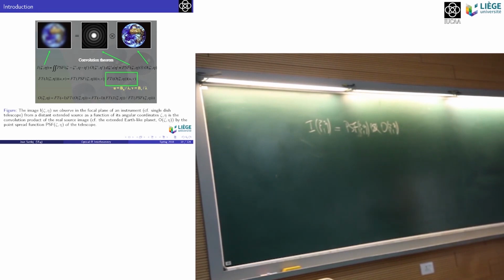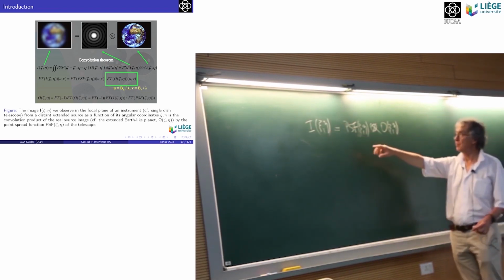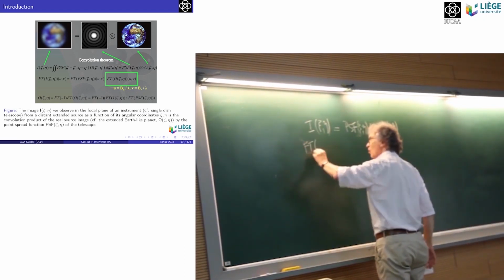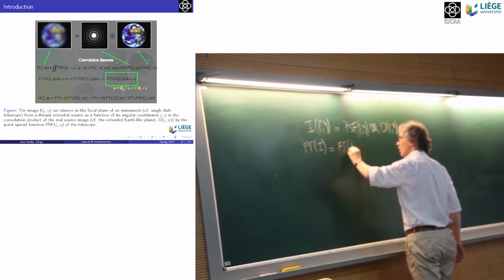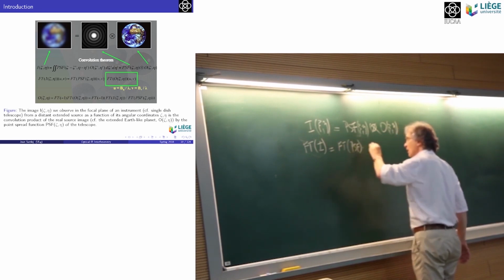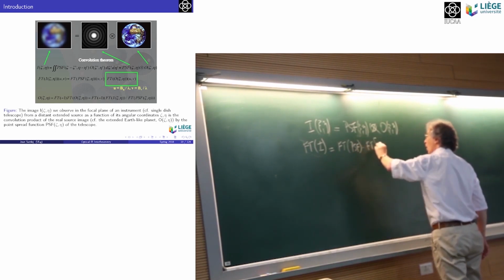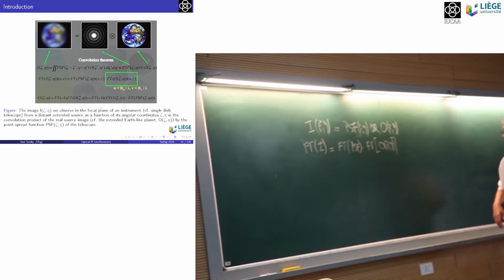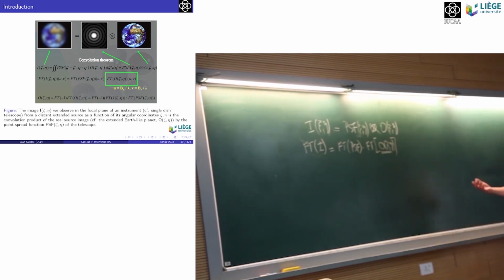Now, as you know, if you take the Fourier transform of the left-hand quantity, it is equal to the Fourier transform of the right one. The Fourier transform of the intensity is equal to the Fourier transform of the PSF times, this is a natural product, the Fourier transform of the real intensity. The quantity I would like to recover is that one, so how to do? It's easy.